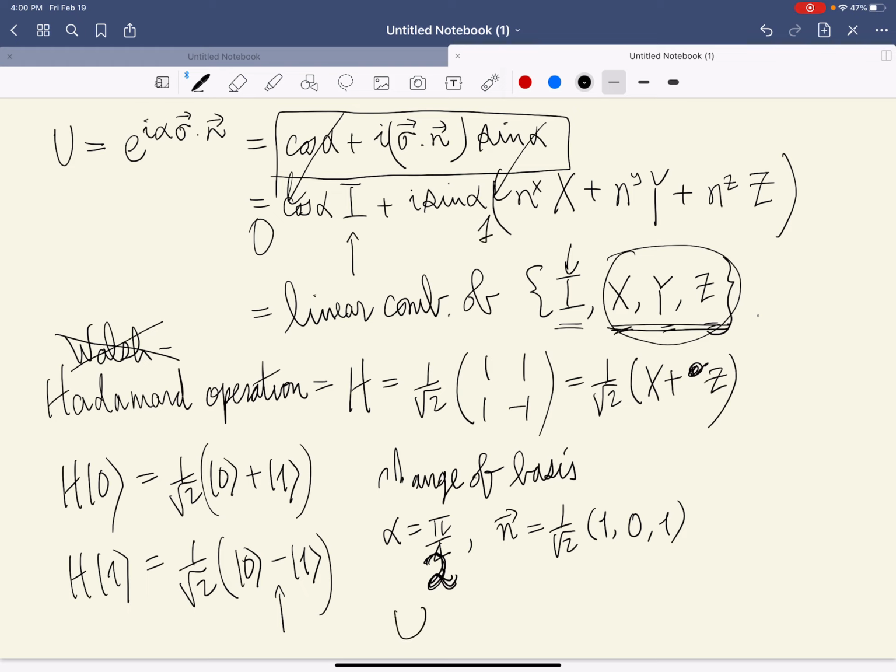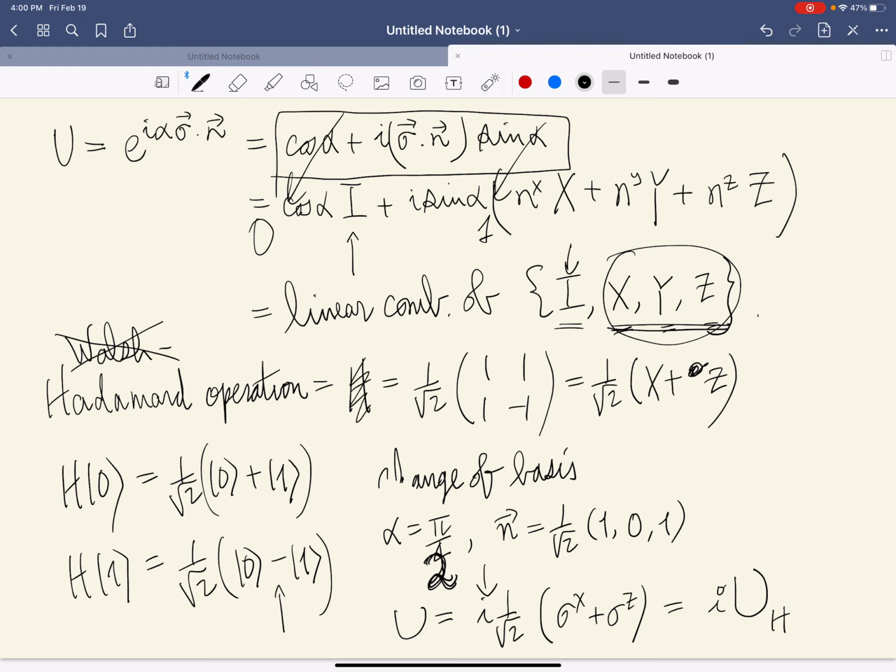And so the unitary matrix becomes i over square root of 2, sigma x plus sigma z. So up to this trivial phase factor of i, this is exactly the Hadamard unitary operator I talked about.